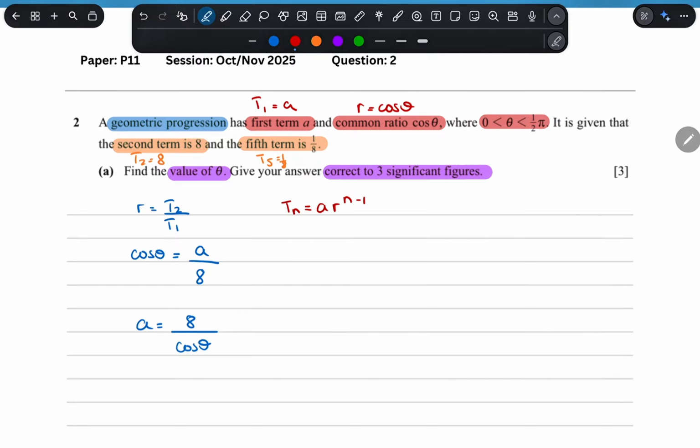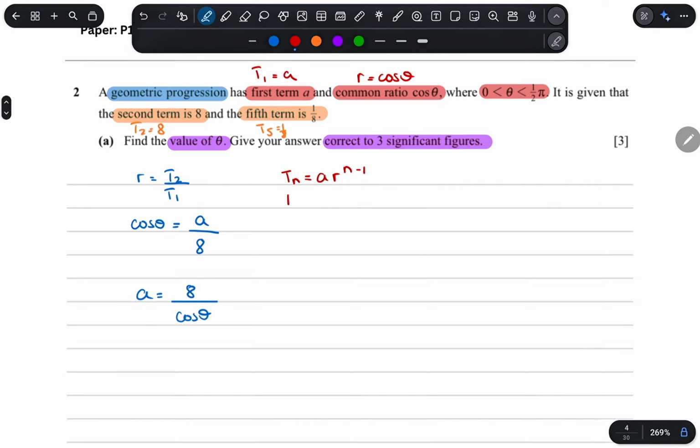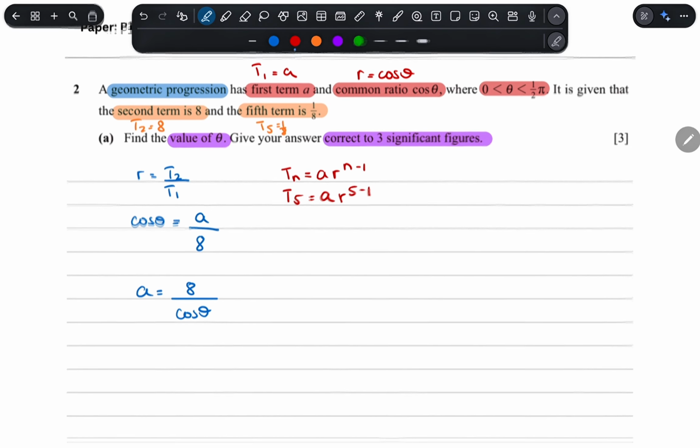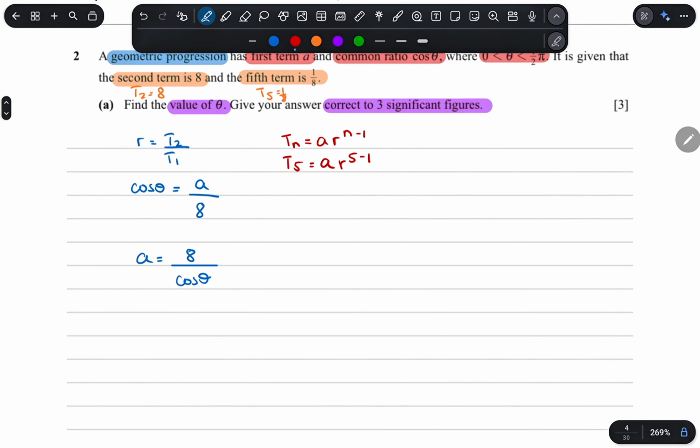Since we are solving for the fifth term, we have a into r to the power of 5 minus 1. The fifth term we know is 1 upon 8, and we just found the first term, which is 8 upon cos theta. We can substitute that over here.